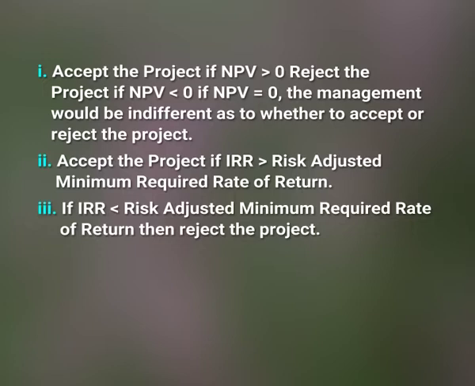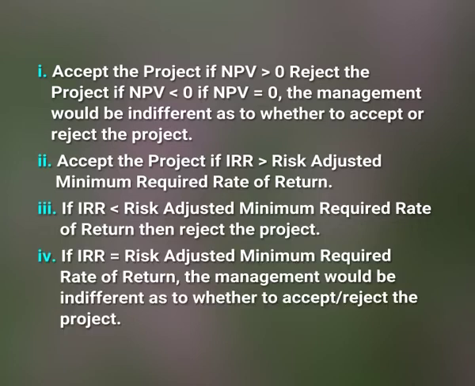If IRR is less than the risk-adjusted minimum required rate of return, then reject the project. And finally, if IRR, that is internal rate of return, is equal to the risk-adjusted minimum required rate of return, the management would be indifferent as to whether to accept or reject the project.